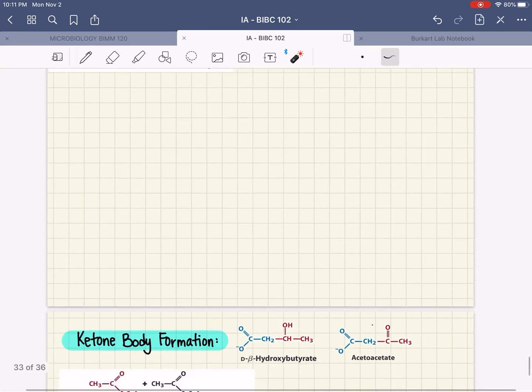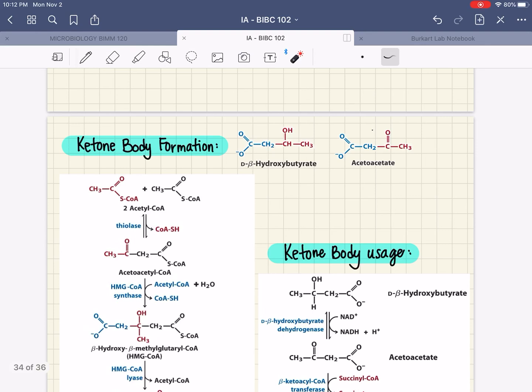Next, we can discuss ketone body formation. So ketone bodies are formed when we have a surplus of acetyl-CoA molecules. And this is important because if we have broken down a lot of glucose and we've generated a lot of acetyl-CoA, or we have broken down a lot of fatty acids and we've generated a lot of acetyl-CoA, and that has taken place in the liver, then the liver must have a way of being able to send those acetyl-CoA groups to other tissues in the body.